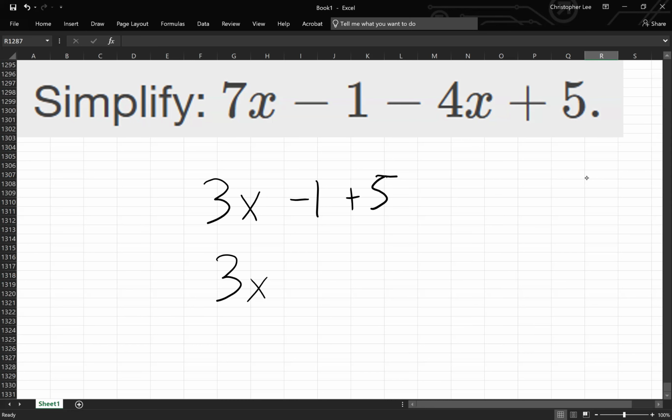So 3x plus 4. That's my answer. That's all you had to do. All right. Simplify the expression. Questions on this, anybody? Good? Nope, nothing else to do. There's no equal sign. I'm just trying to simplify it. Justin, you good? All right, man.